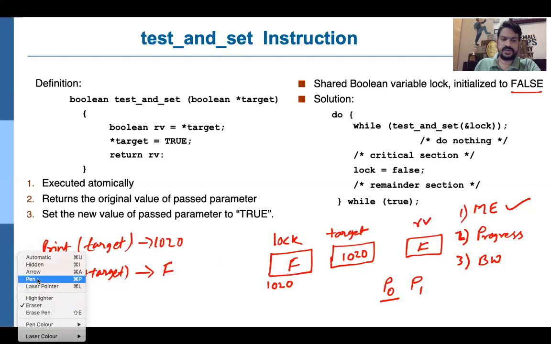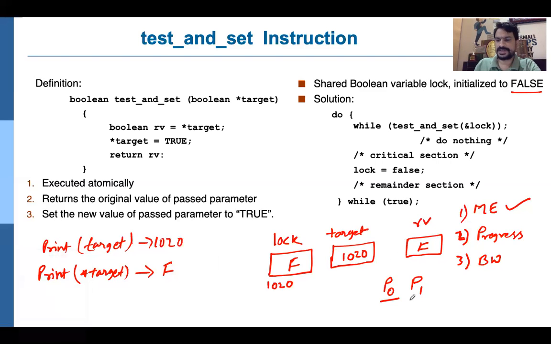Okay. Now let's say P1 is interested to go. But P0 is also interested to go, and P0 is going here, and the CPU is assigning P0 to the critical section again and again. But P1 is also interested, but P1 cannot go here.